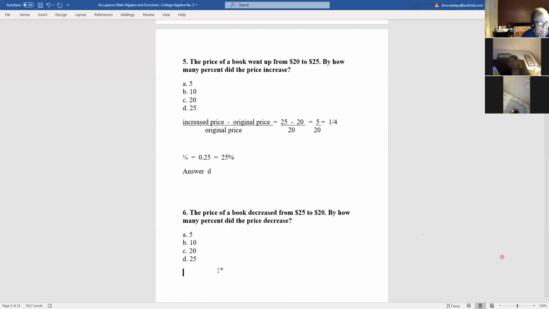So that's going to be the new price minus the original price, divided by the original price. So what would I substitute in here?